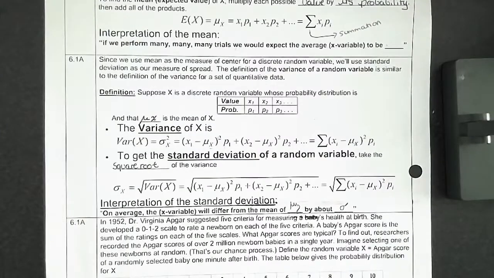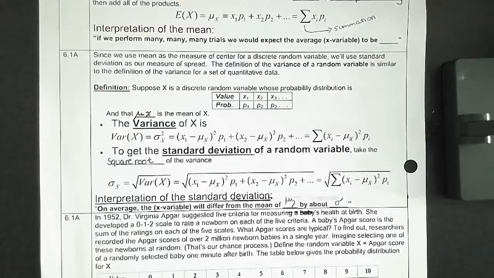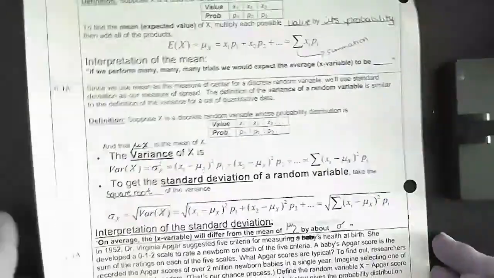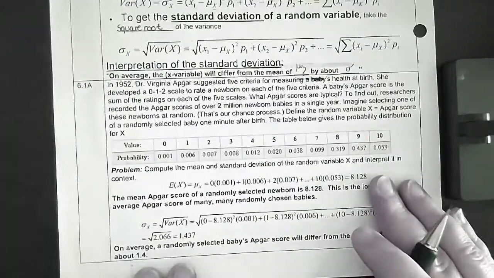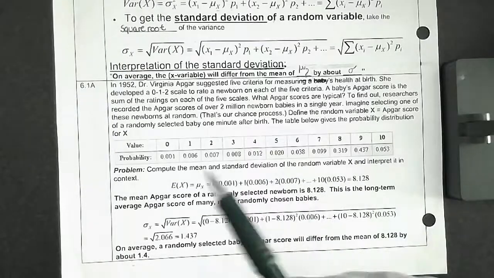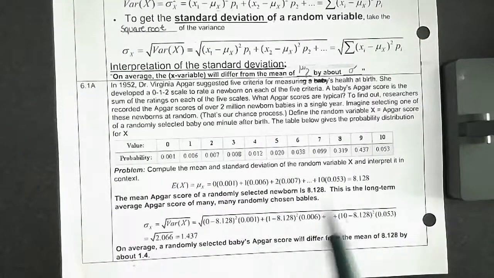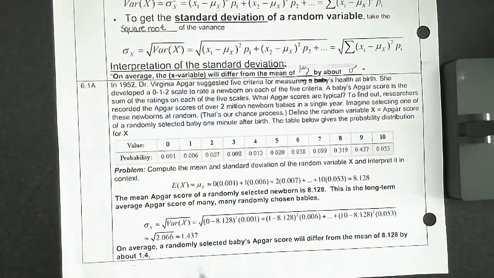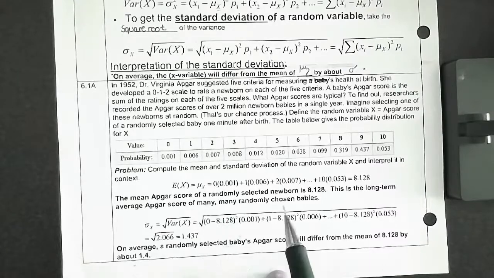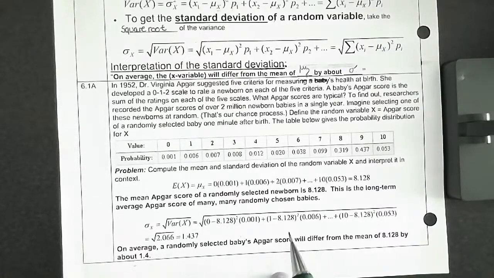Okay? So right here, they have a really good example of actually doing the mean, expected value, and the standard deviation, and also interpretation of that. So if you want to, that's a good thing for your reference, but it's a good thing to study. So definitely hold on to that if you need to.